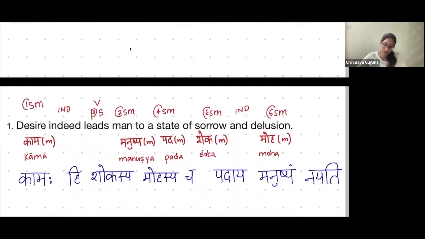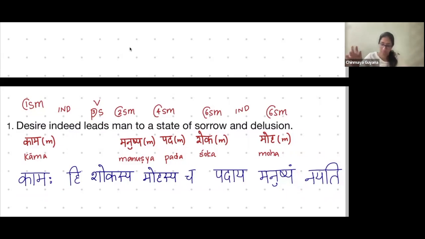Continue. So now we translate. If you got this top part correct, then translating should have been very easy. Kamaha, desire, he, indeed. Then you put leads, nayati will go all the way at the end. If you didn't put it at the end and you put it anywhere else, it doesn't matter. Right?